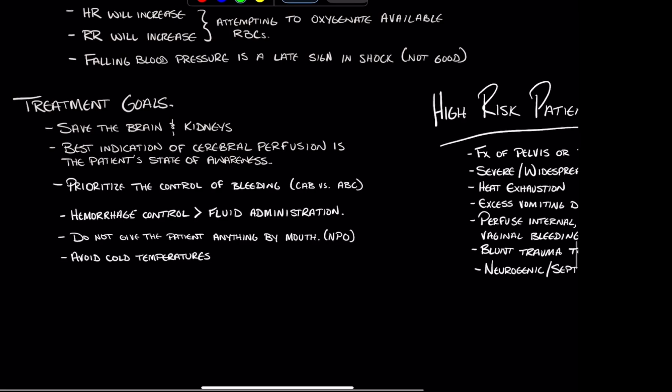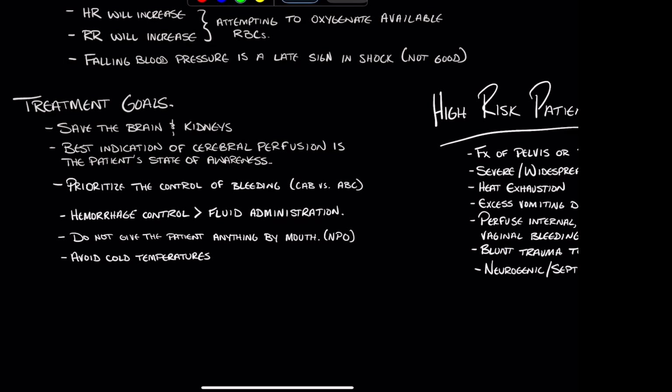Important to remember, if you work in a service that's going to be IV autonomous, which most places are now, you always want to take care of your hemorrhage control or your bleeding before you start administering fluids. Again, because the most important thing that patient has is their own blood. We can try to resuscitate that blood loss with fluids, but the fluids that we administer can't carry waste products effectively, and they can't carry oxygen back to the tissues, right?